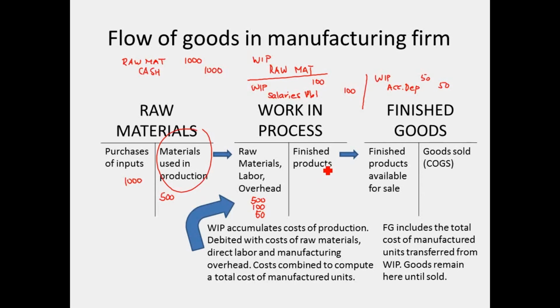They move over in table units, right? So each table, let's say, costs me $200. If I'm finished with one table, I move it into finished goods. How would that look? Well, I just do finished goods, $200, work in process, $200. I'm just taking $200 out of there and putting it in there. That's the cost of a finished table.